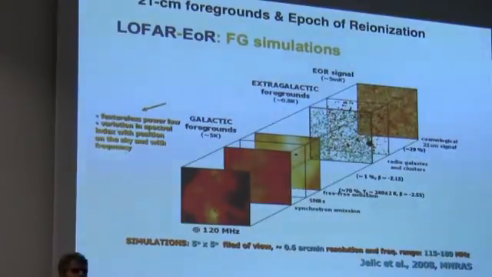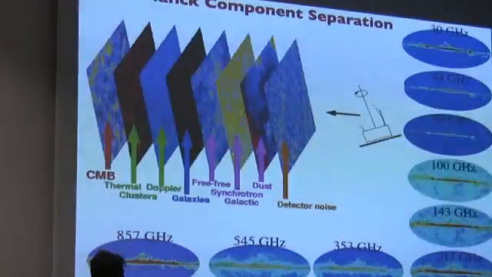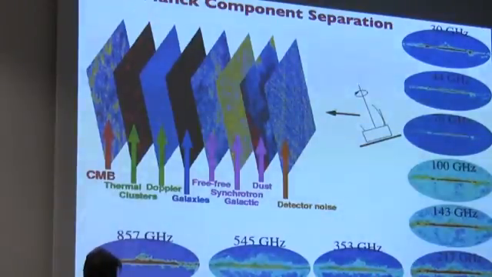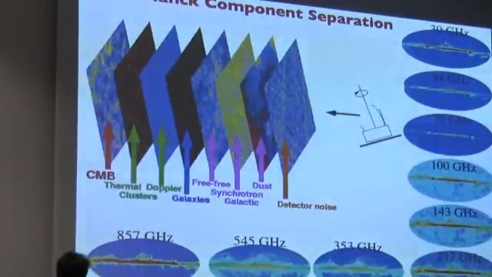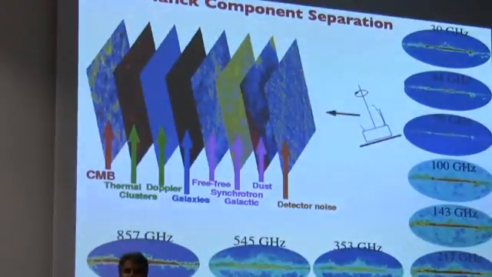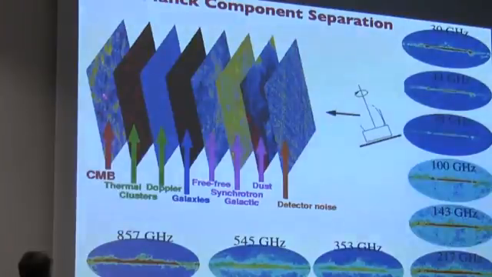A similar problem is the Planck problem. Planck, everybody has seen the beautiful images. You observe the sky in 9 channels, and in each channel you observe a mixture of many things, which is the cosmic microwave background, plus extragalactic signals plus galactic signals, and you want to separate this cosmic microwave background from all the other parts.